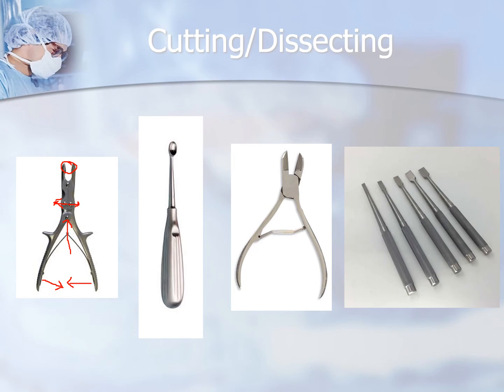The next one that you see here is called a bone cutter or a bone shear. Again, used for cutting bone. And then the last example we have here is a variety of osteotomes or chisels.